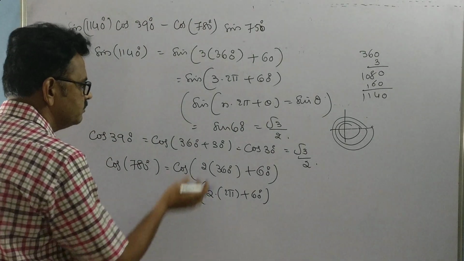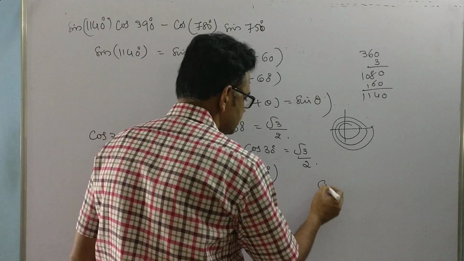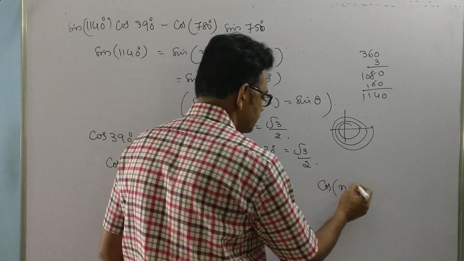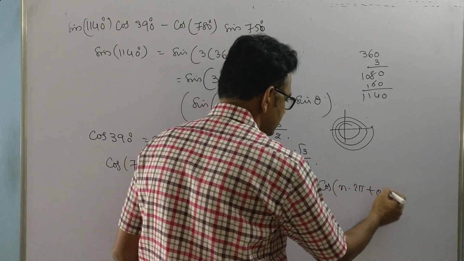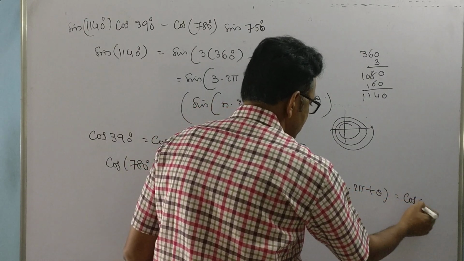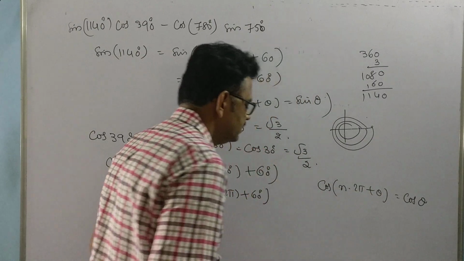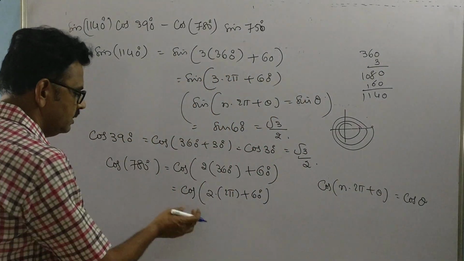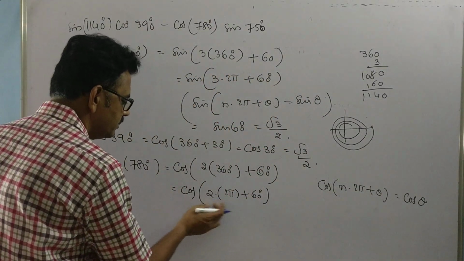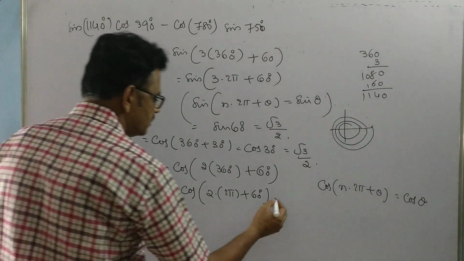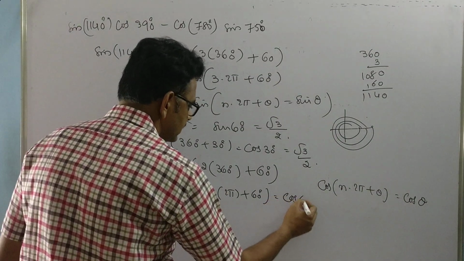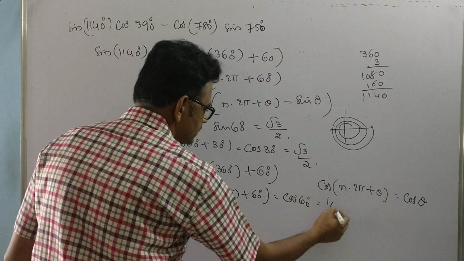Again cos of n times 2 pi plus theta is equal to cos theta. So this is cos 60 degrees, where cos 60 is 1 by 2.